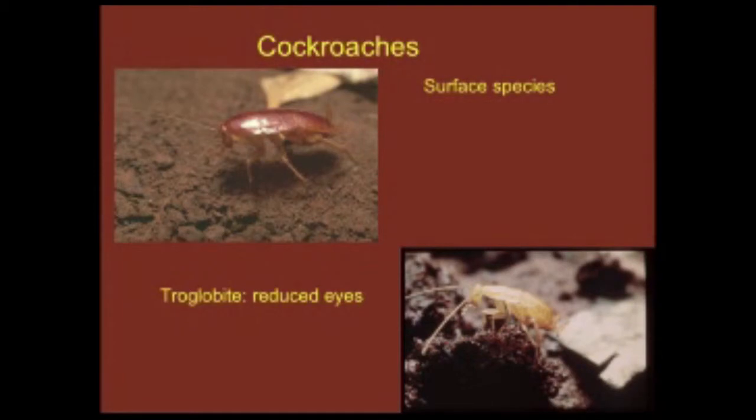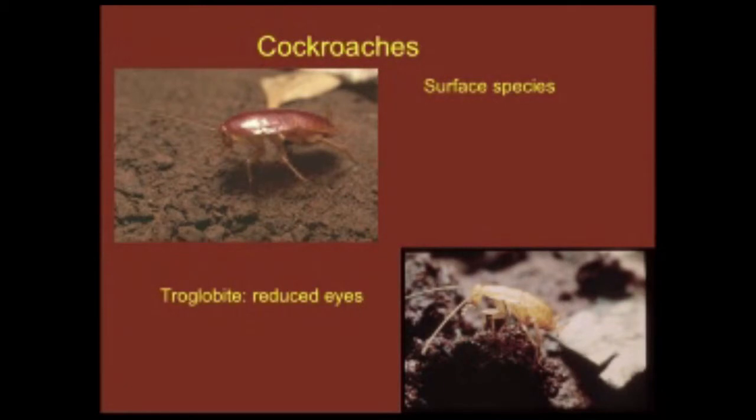It's got small eyes still, but it's lost all the heavy sclerotization, the hardening of the body, lost most of the pigment. And this is the most cave-adapted cockroach in the world. It happens to be from Cape Range. Very long antennae, very long limbs, no eyes at all, quite translucent. The only hardened body parts are usually the mouth parts here, and in a male, the male genitalia.